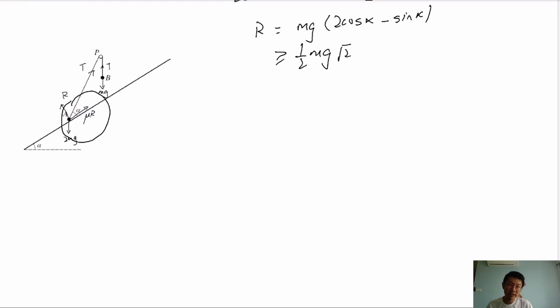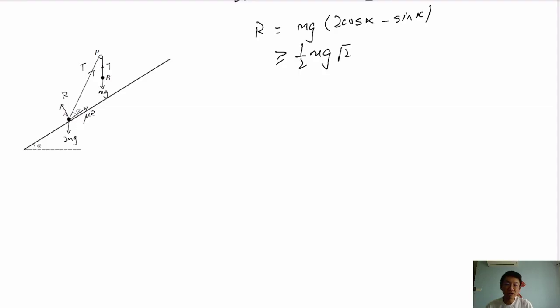Why do we have a friction going up the slope? Because of the combination of forces, this particle will slide down. To prevent it from sliding down, we must have a friction going up.